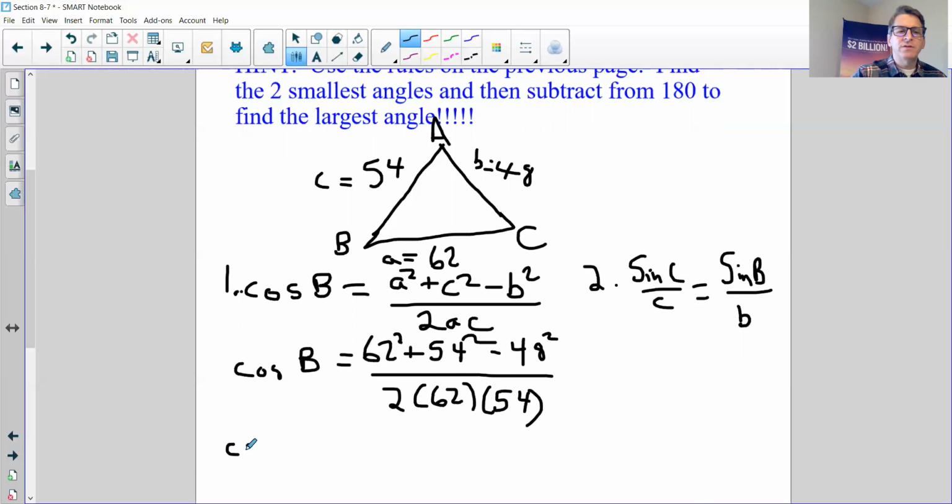So that makes the cosine of B equal to 4,456 divided by 66,696.